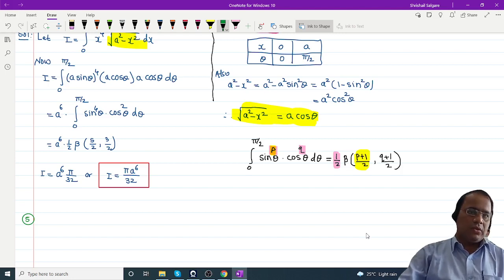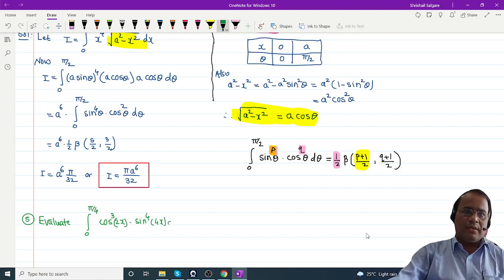So evaluate the integral from 0 to pi by 4 of cos cube 2x into sine raised to 4 of 4x, here also I will use bracket, dx.